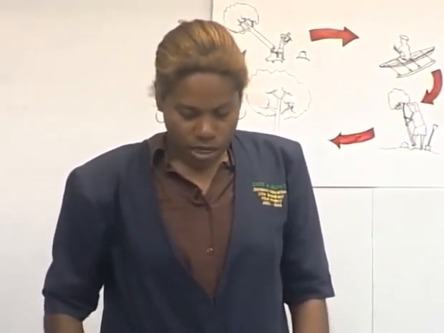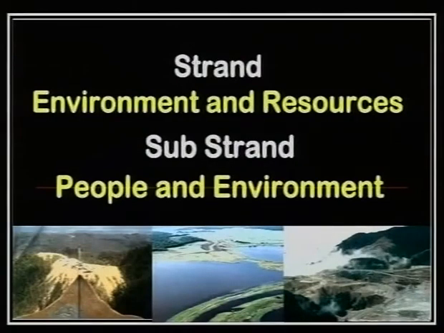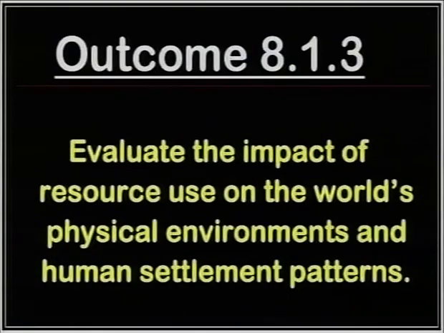Right, we're just going through our topic, our strand and substrand. As you all know, we're still on our strand, environment and resources, substrand, people and environment. Now we've moved on to a new outcome, 8.1.3. The outcome reads, evaluate the impact of resource use on the world's physical environments and human settlement patterns.